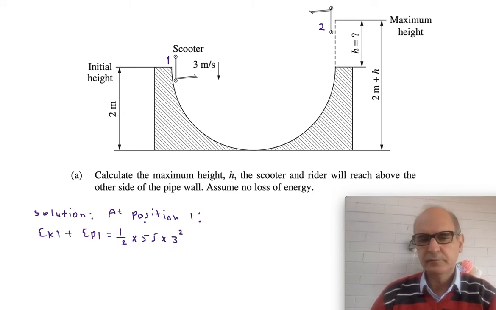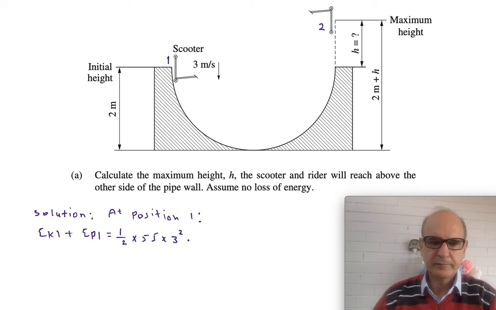I keep it how it is for the time being without putting in the calculator, plus potential energy at position 1. This is position 1, and potential energy is mass times acceleration due to gravity times the height. So the height is 2 meters and mass is 55, so 55 times 2, and g is 10. So mgh.